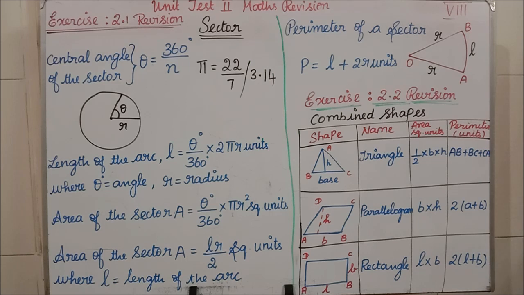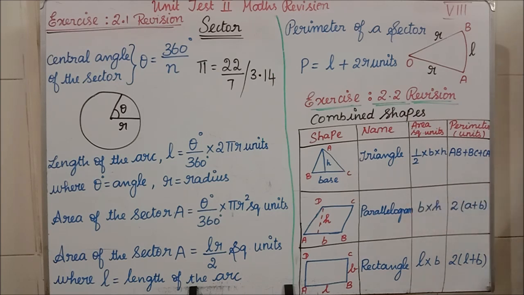If they ask perimeter, you have to use the perimeter formula. Clear? The area of the triangle is half into base into height. The perimeter of the triangle is adding all three sides, AB plus BC plus CA. For perimeter you write just units, but area alone you write square units.